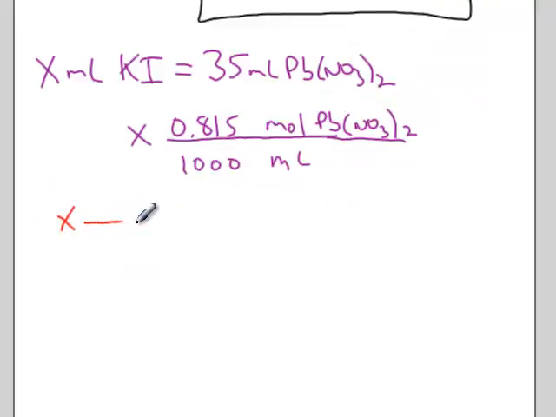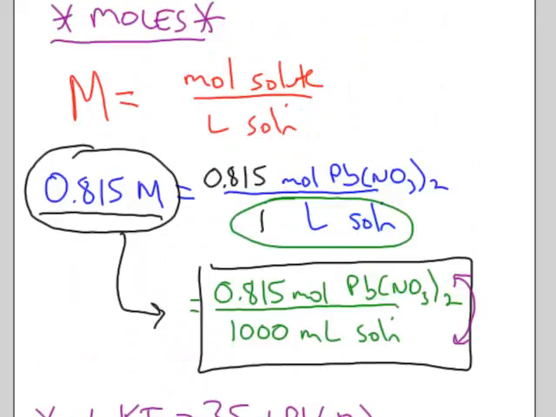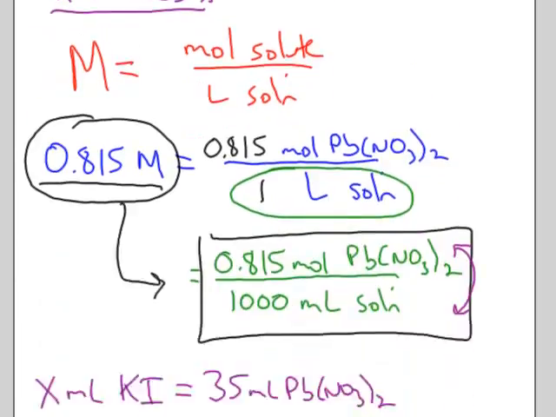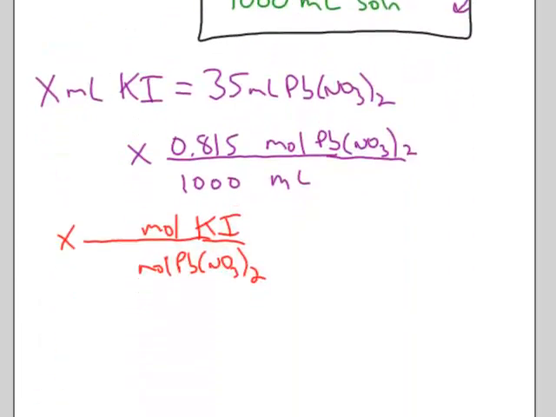Now once I have the moles of any chemical in the reaction, I can turn that into moles of any other chemical, in this case potassium iodide, as long as I know the ratio, and it's a 1 to 2 ratio from the coefficients of the balanced chemical equation. So 1 goes with the lead 2 nitrate and 2 goes with the potassium iodide.